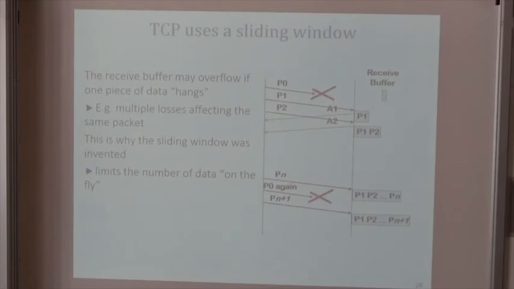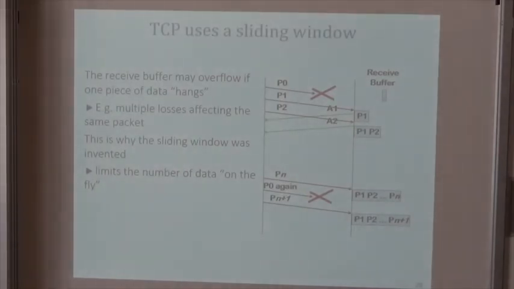So if you have a buffer, you have to make sure it doesn't overflow. One of the problems is the hanging problem. Assume for some reason there is an adversarial loss process that keeps killing a packet and its successive retransmissions.